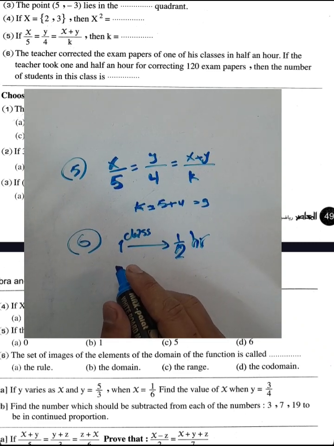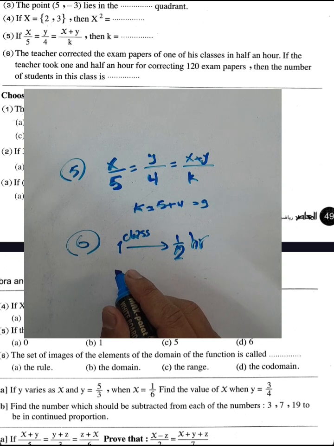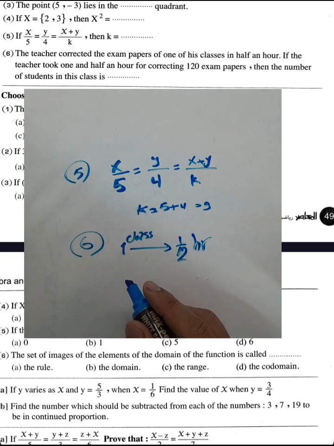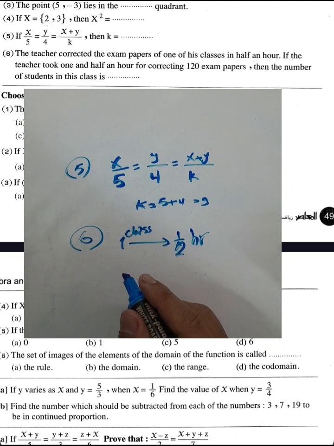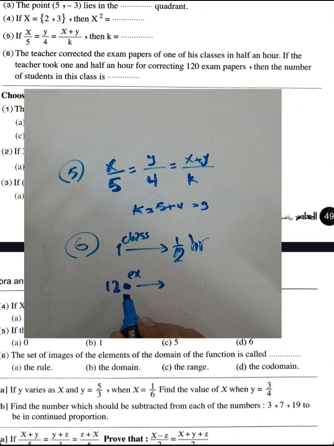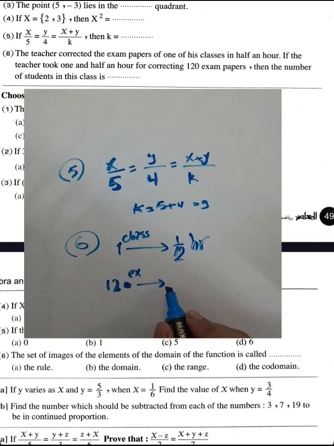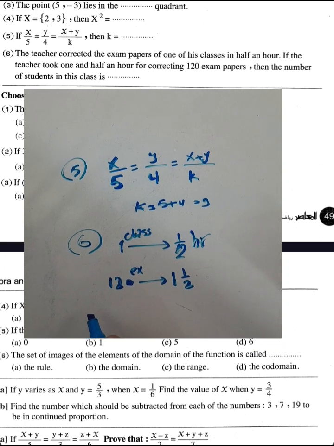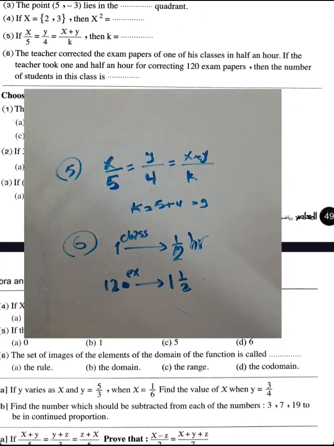If the teacher took 1.5 hours for correcting 120 exam papers, then the number of students in this class will be what?